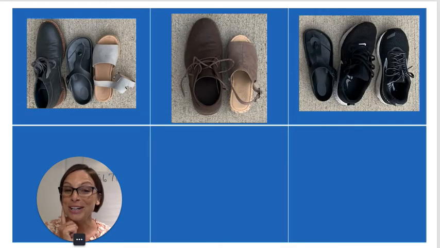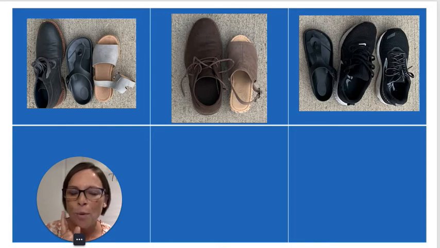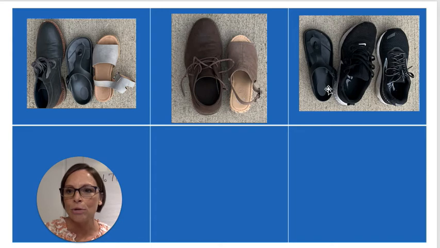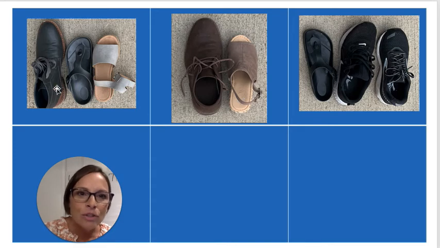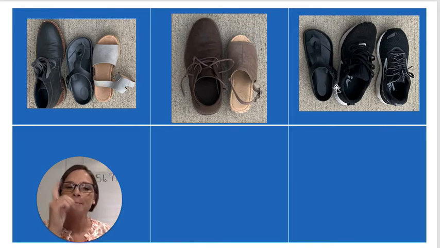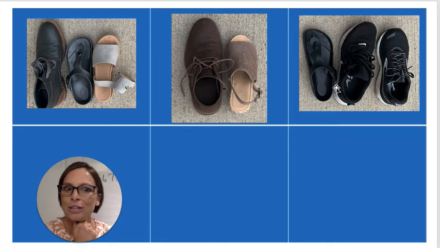Well, now let's take a look at this sorting. I want you to think now, what was my rule of sorting this time? Because I've got 3 groups. How are they different, each group? And how are these alike to each other, these alike to each other, and these alike? Can you say out loud what you're thinking?